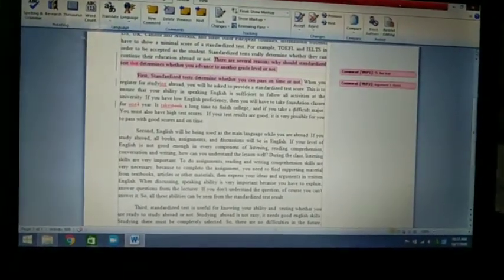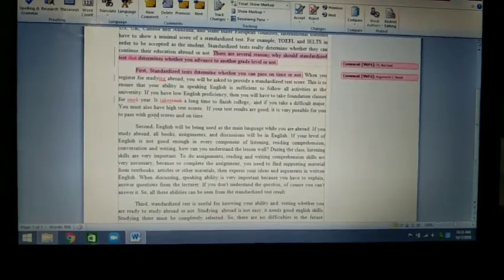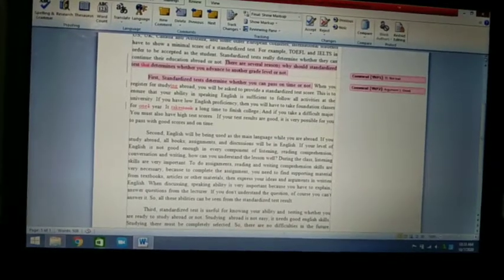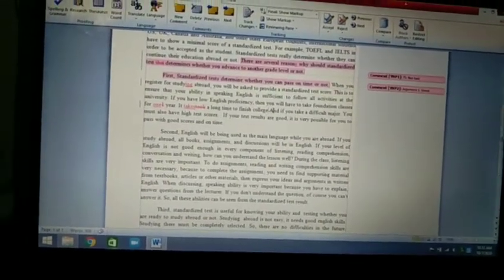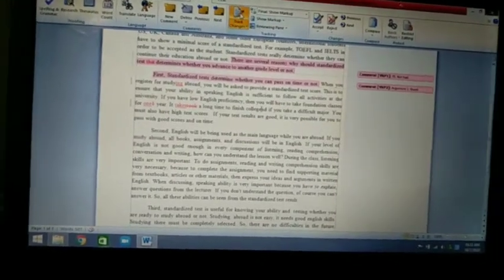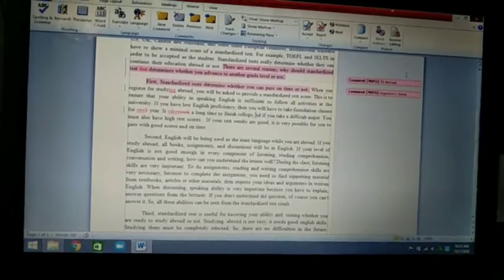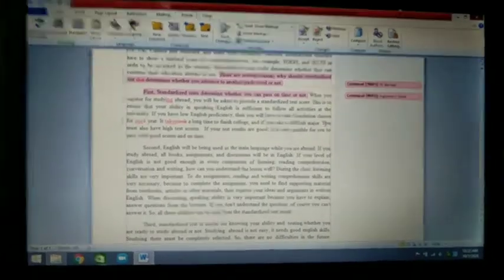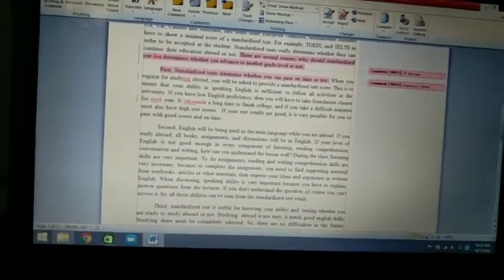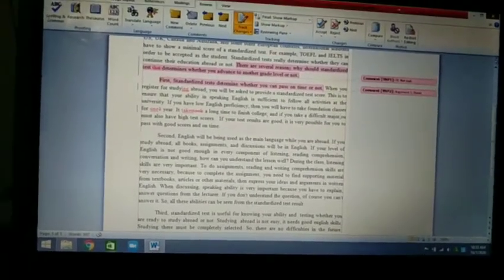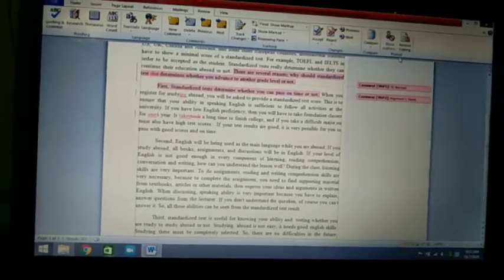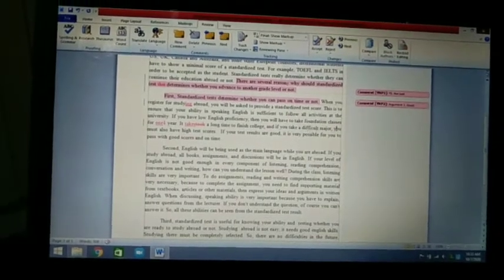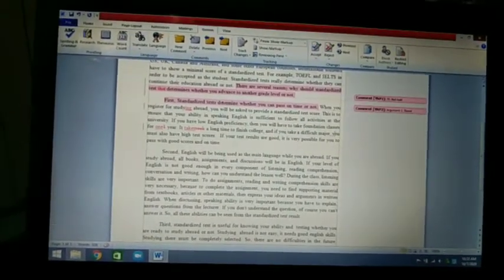And if you take a difficult major, we need a comma again. It takes a long time to finish college, and if you take a difficult major, you must also have high test scores.